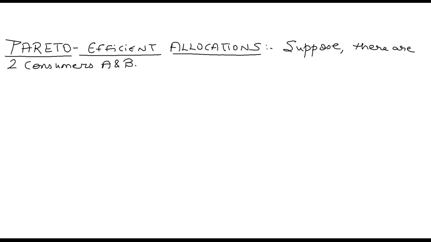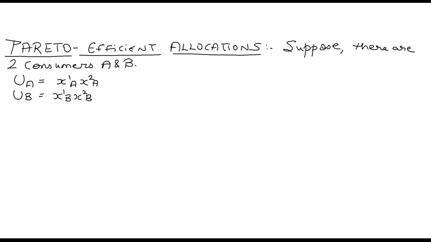So the utility function of agent A is X1A, X2A, and the utility function of agent B is X1B, X2B. Both the agents have a Cobb-Douglas utility function. The subscripts denote the agent and the superscripts denote the goods.